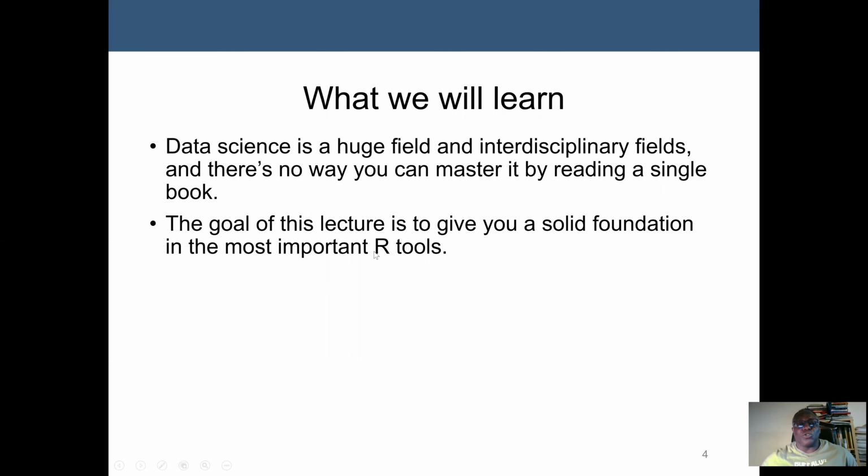So what we're going to learn is, first, we know data science is a huge field, as we said earlier, and also an interdisciplinary field. So there's no way that a person can master data science concepts by reading a single textbook or even by taking a single class.